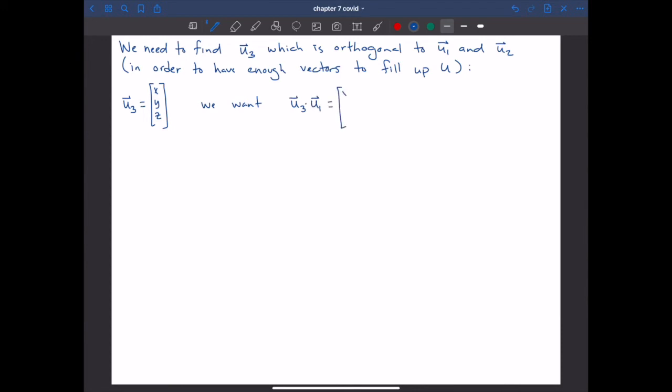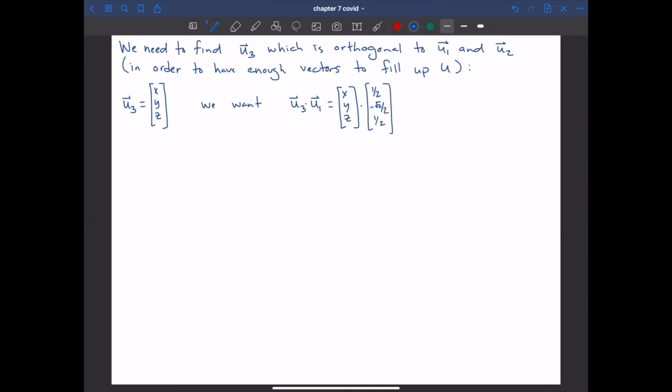So our vector is x, y, z, and our U1 vector is 1/2, negative rad 2 over 2, and 1/2.